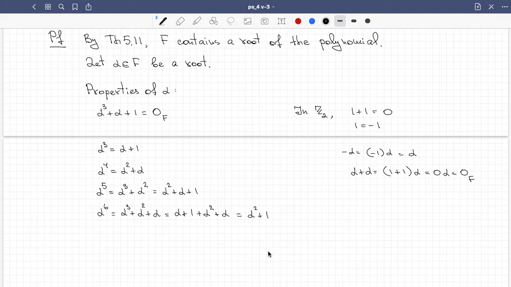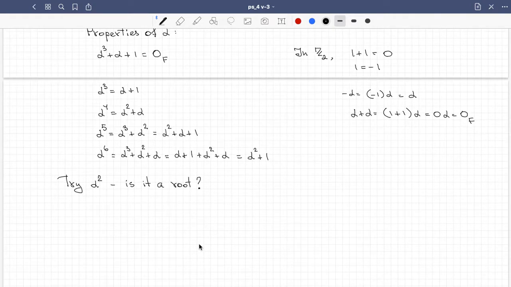Let us try alpha squared. Is it a root? And the answer is yes. Look, we take x.